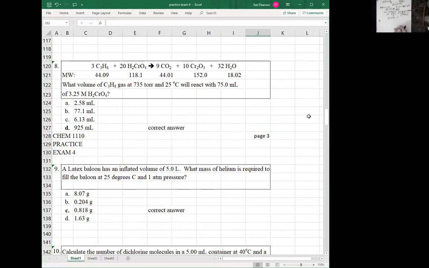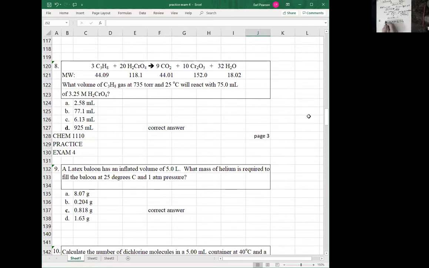What volume of propane gas at some temperature and pressure will react with 75 milliliters of 3.5 molar? So I've got 3 C3H8, and it reacts with 20 H2CrO4s.